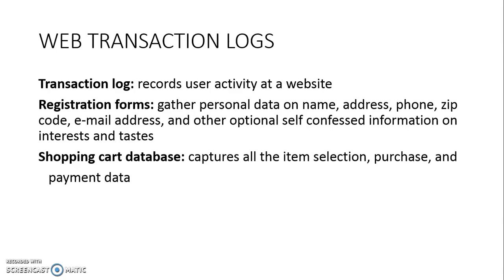So if we examine these three things, the transaction log, registration form and shopping cart database, we can answer questions like: what are the major patterns of interest and purchase for groups and individuals? After the home page, where do most users go first, and then second and third? What are the interests of specific individuals, those we can identify?